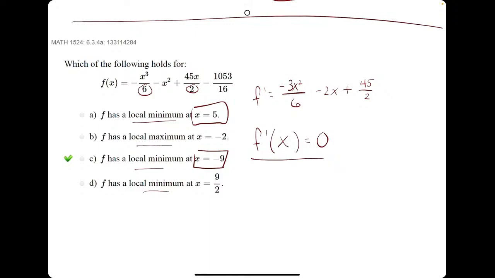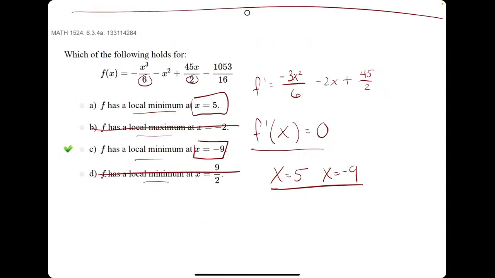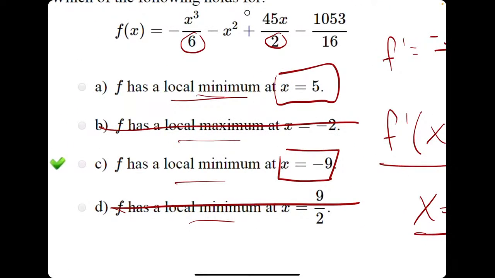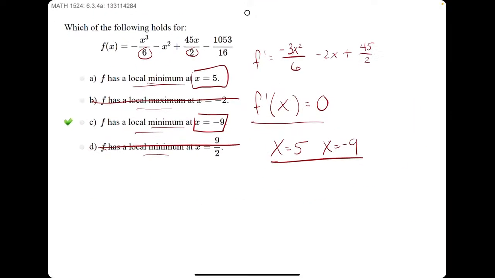So these are the x values that make f prime equal to 0, which means we can eliminate those two. So we know x equals 5 and x equals negative 9 make f prime 0. The question is, which one is actually the minimum? Is it at 5 or negative 9?